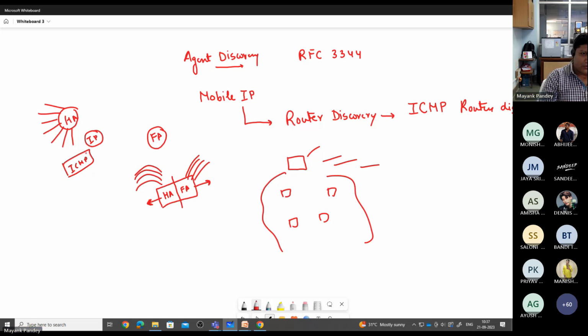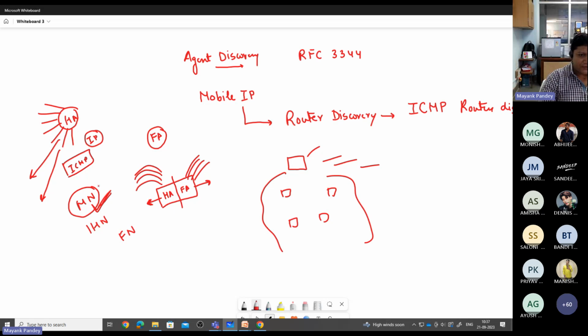So, seeing the agent advertisement, the mobile node can know whether it is in the home network or a foreign network. Is it true? How? Because the mobile node has its own IP address.